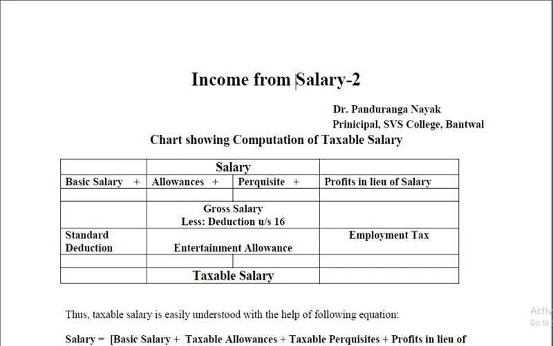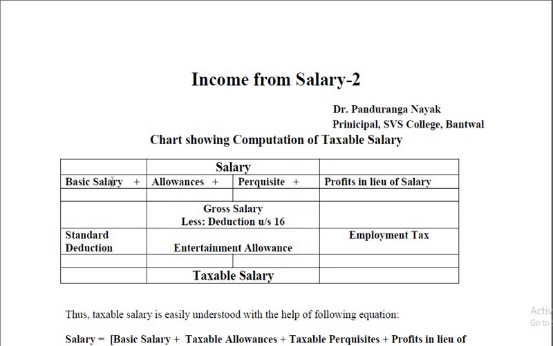Now let me present a chart here in brief that will tell you the gist of the computation of taxable salary. For example, first one is basic salary. Supposing the salary grade is 10,000 dash 500 dash 12,000.